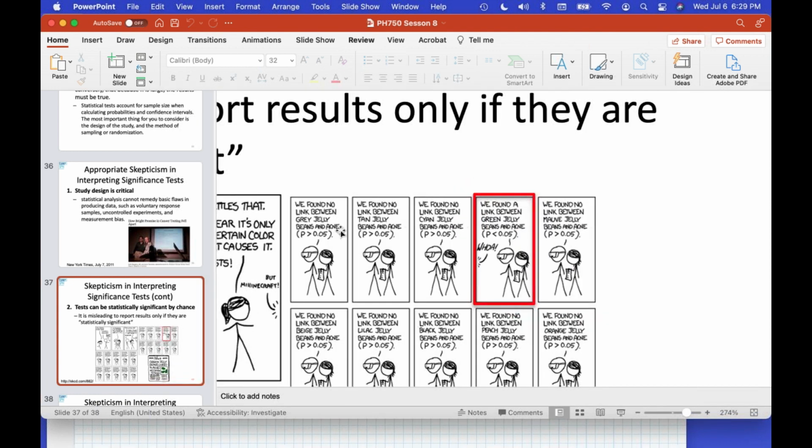So this person tests gray, this person tests tan, this person tests cyan, and one person tests green jelly beans, and just his luck, they test 10 different colors. Now, all of a sudden, instead of having a 5% chance of rejecting the null hypothesis when you shouldn't, you have multiplied your chance of rejecting it. And sure enough, you test 20 different color jelly beans, you wouldn't be surprised to find that one time you'll reject the null hypothesis in error.